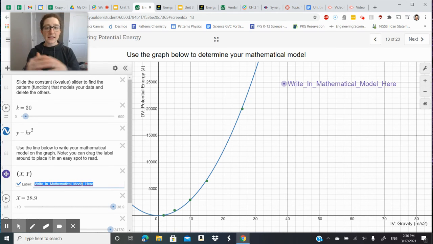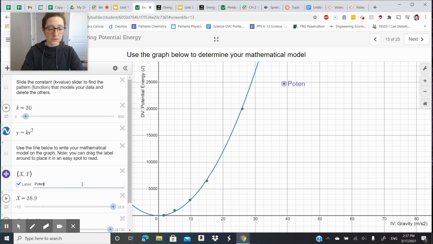So in this mathematical expression for this fake data, I would be writing: y, potential energy, equals, so I just replaced that y with what I have here, potential energy, I'll capitalize that, equals k.